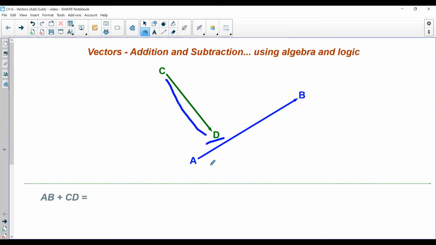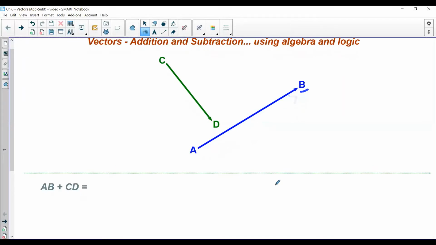Or if you're outside on your back patio, let's call that point A, and you walk along a pathway in your backyard to a tree or a bush at point B. So just different ways of traveling. Now we're going to look at how you would add vectors. Think of it as adding two different movements: moving from one point to another and then moving from that point to somewhere else.